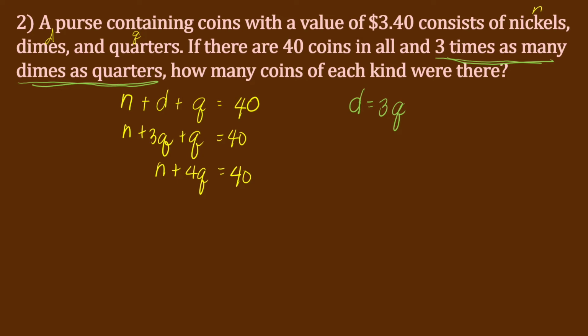It means that when we multiply 0.05 by the number of nickels, and then add 0.10 multiplied by the number of dimes, and 0.25 Q for the quarters, all in all, the value of this is 3.40.